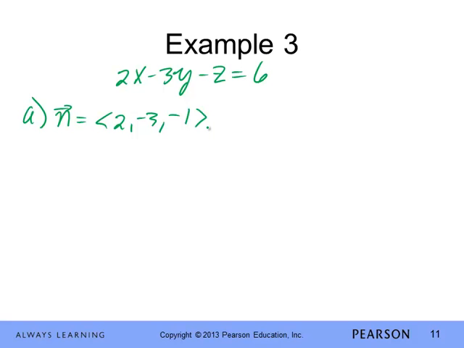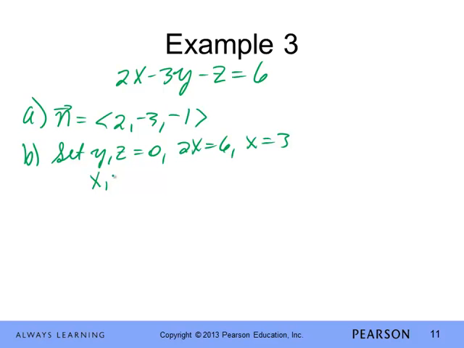That'll be our x-intercept. So for part B, you could set y and z equal to 0. That means that you have 2x is equal to 6. That means x is equal to 3. So 3 is your x-intercept, meaning that in 3 dimensions, this plane is going to hit the x-axis at 3.